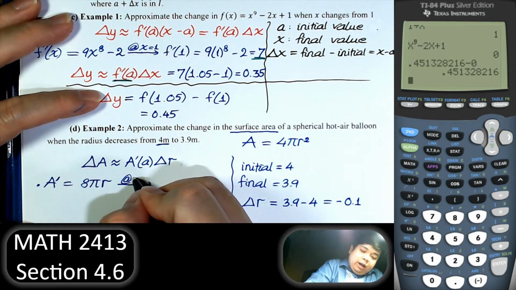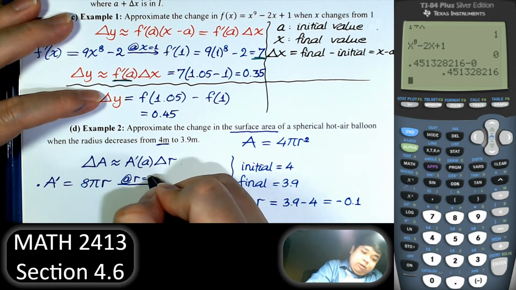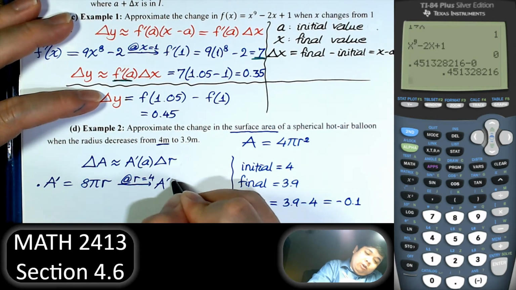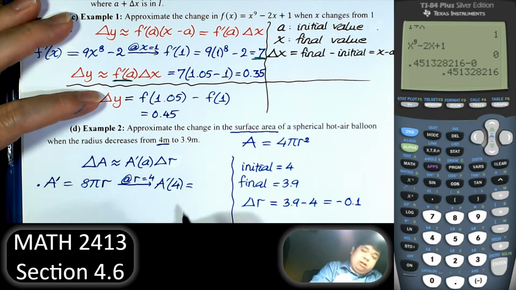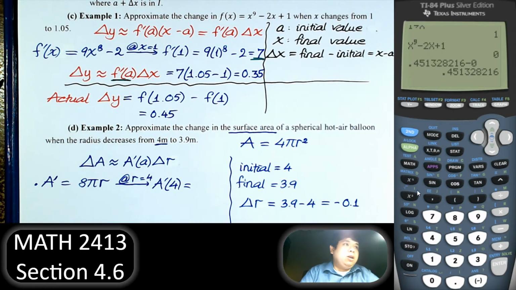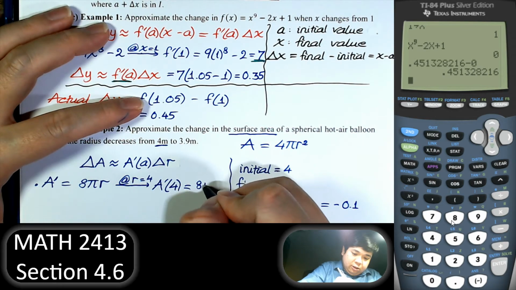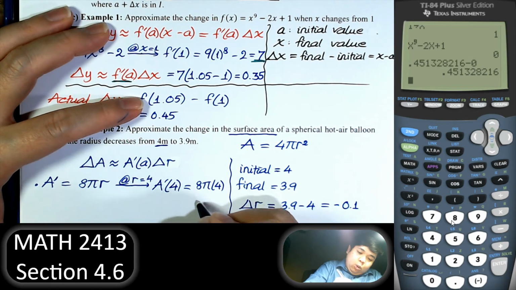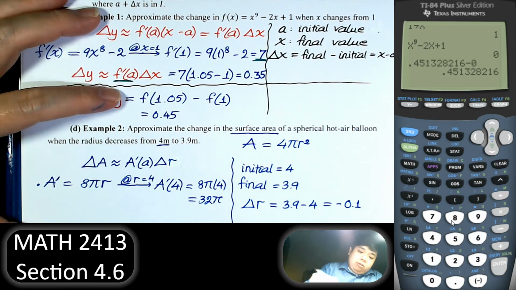When r equals the initial value, the derivative at the initial value is going to be a pi times 4, which is 32 pi. Now we'll go back to our problem.